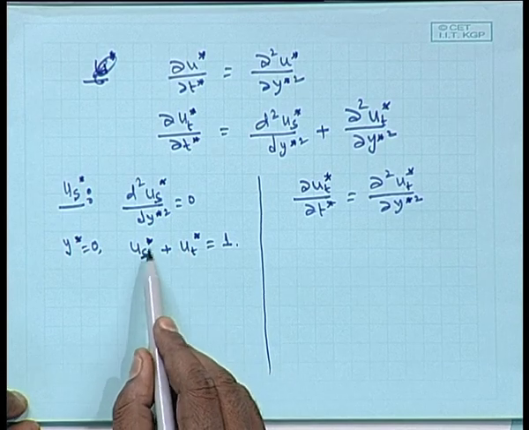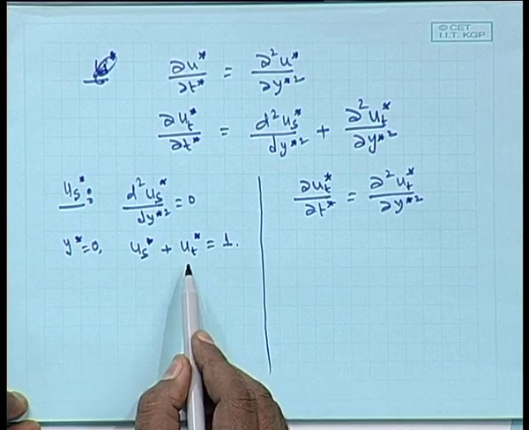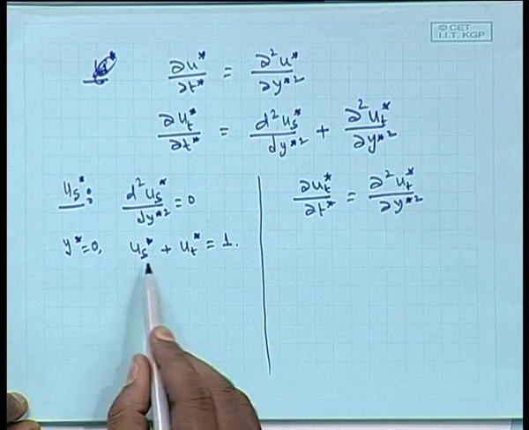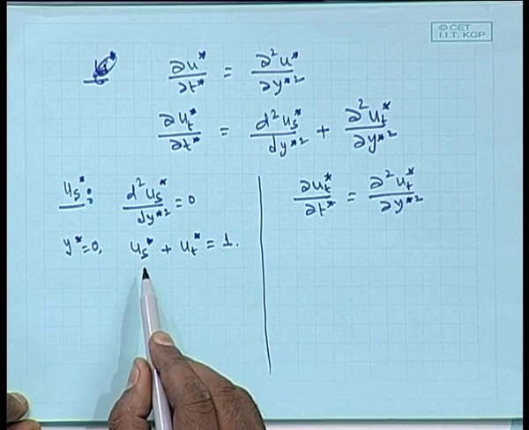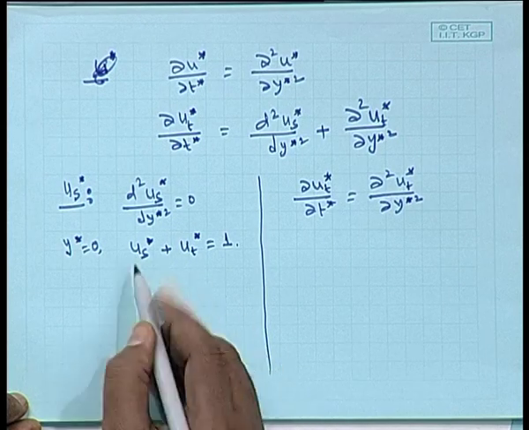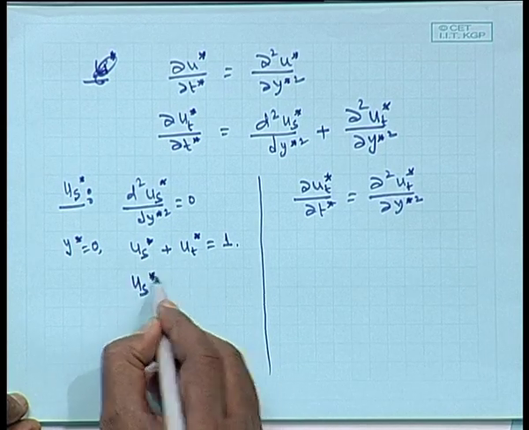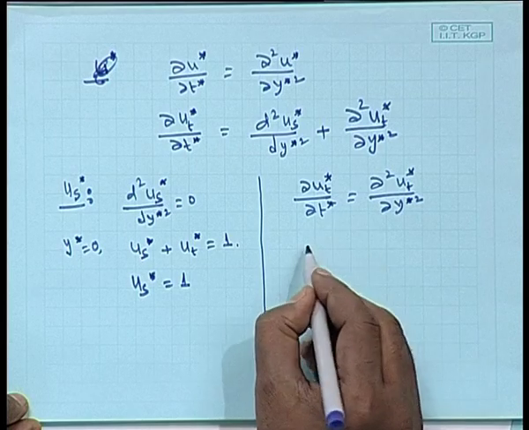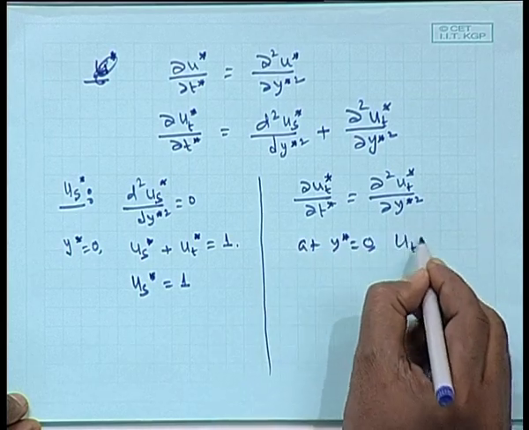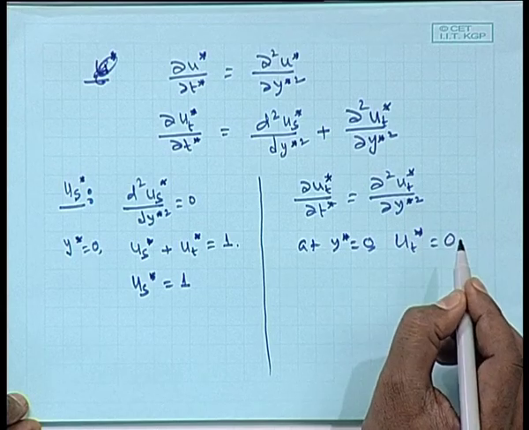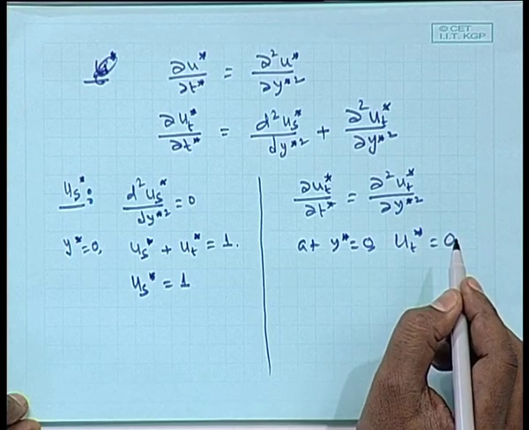U star was nothing but u s star plus u t star. Now, I select the non-homogeneity to go along with the steady state part. So, I select u s star to be equal to 1, that means at y star equal to 0, u t star is equal to 0. Okay.